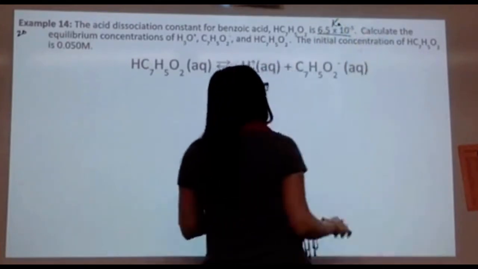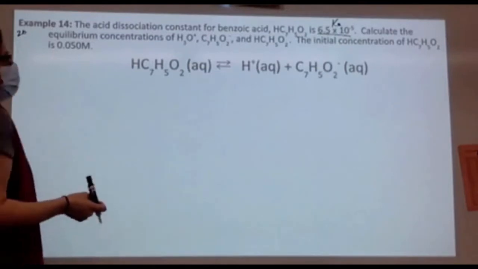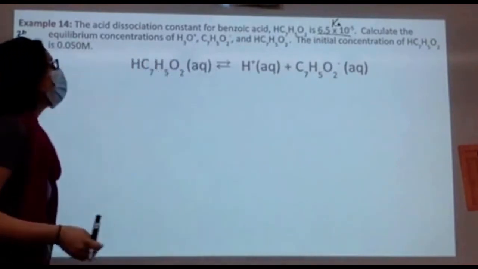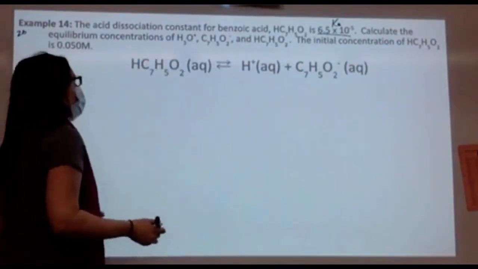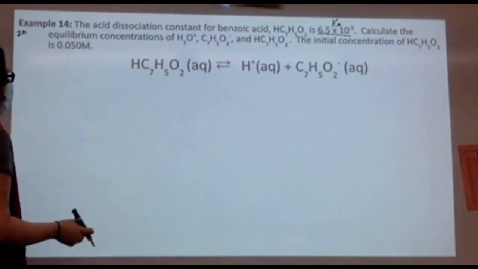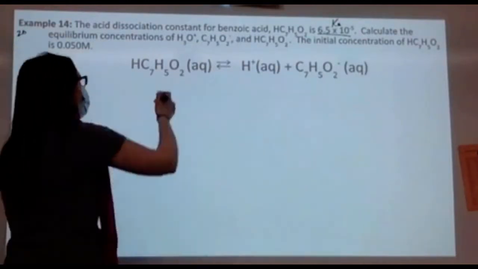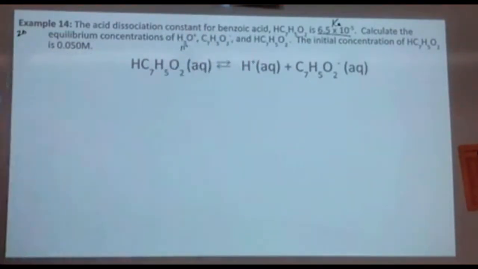So this would be like what a quiz or a test question would look like, where they give you Ka in the problem. So the acid dissociation constant for benzoic acid is 6.5 times 10 to the negative fifth. Calculate the equilibrium concentrations of H3O plus, the benzoate ion, and benzoic acid. Remember that H3O plus and H plus are used interchangeably.